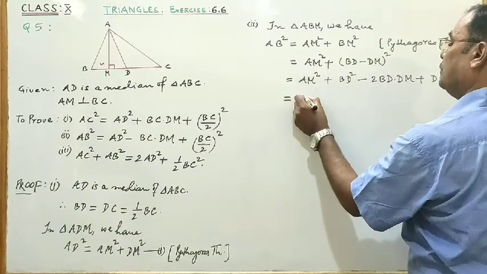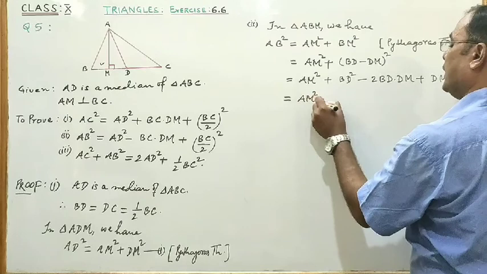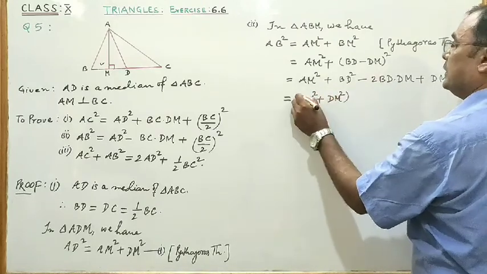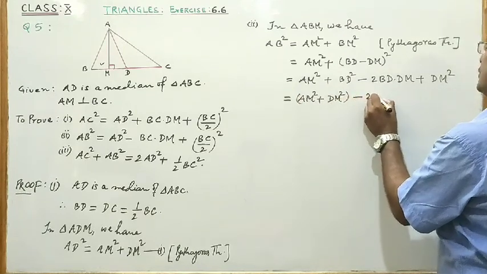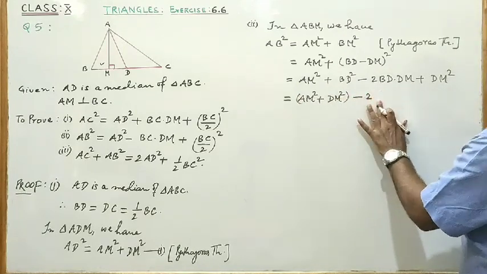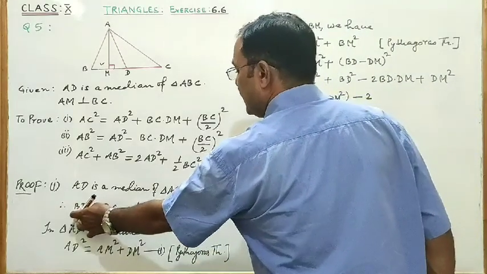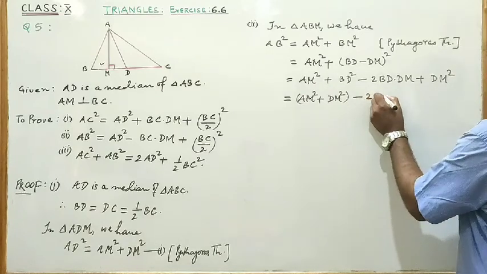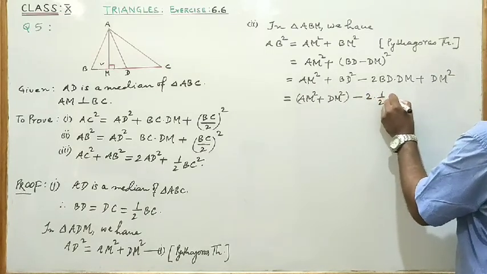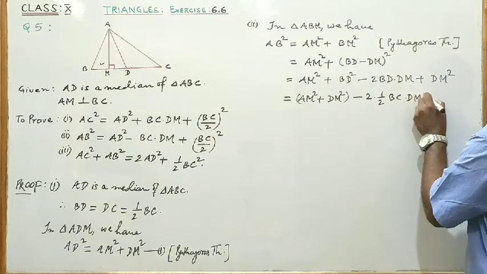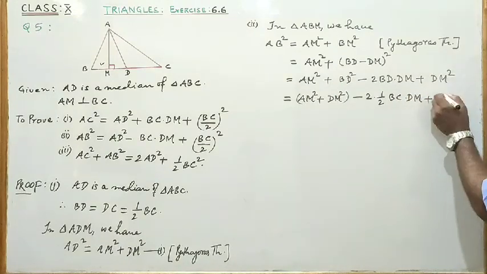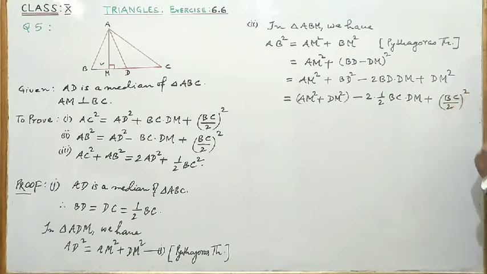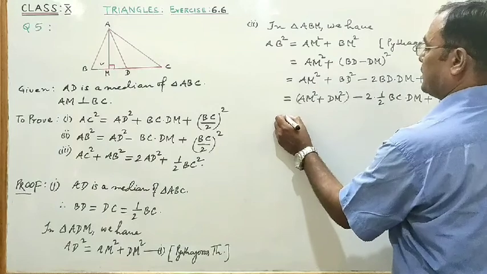This is equal to AM square plus this DM square minus 2, this BD can be written as half BC. So 2 into half BC into DM plus BC by 2 whole square, that is half BC whole square.